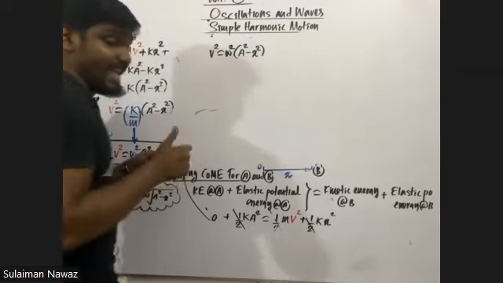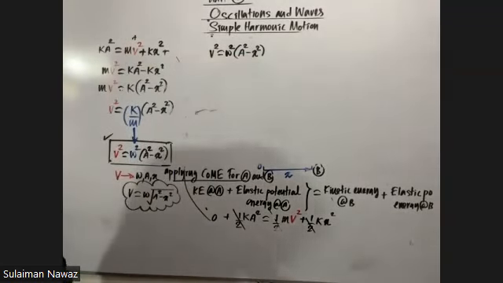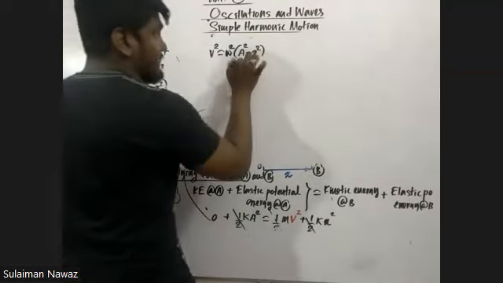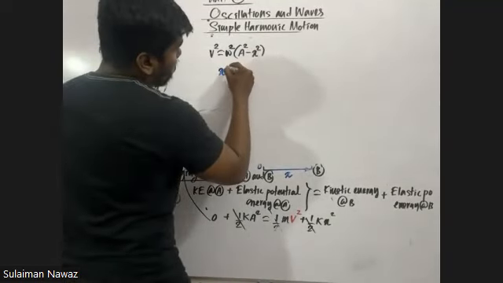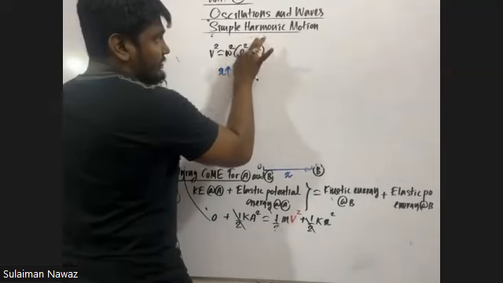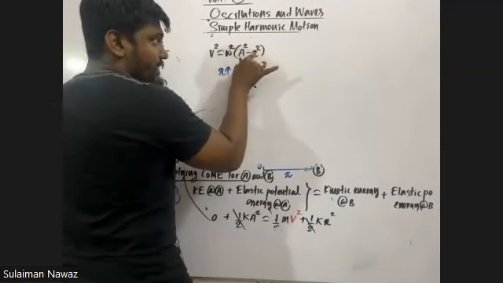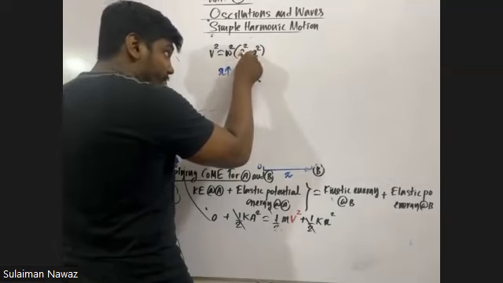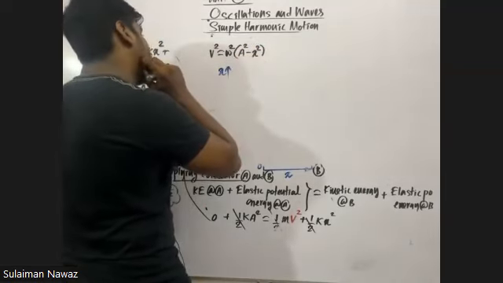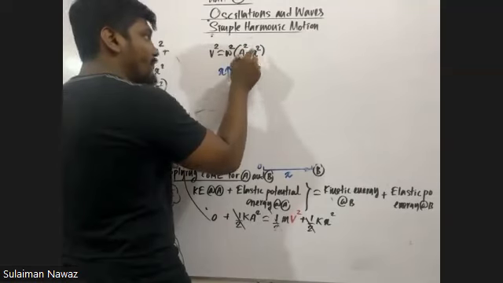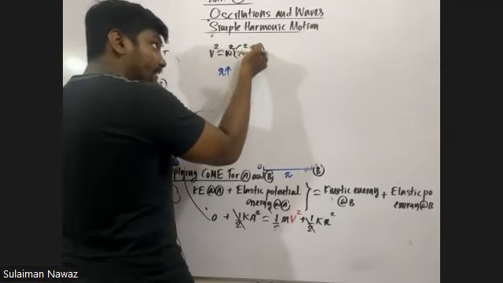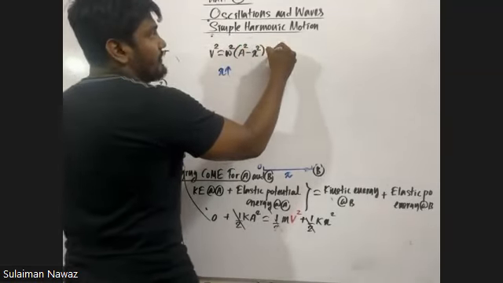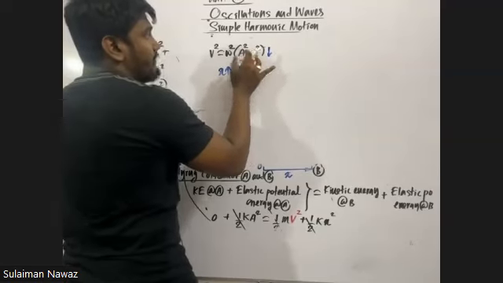We know that when x increases, x squared is increasing. So what will happen for the A squared minus x squared term? Decreasing. Then what will happen?